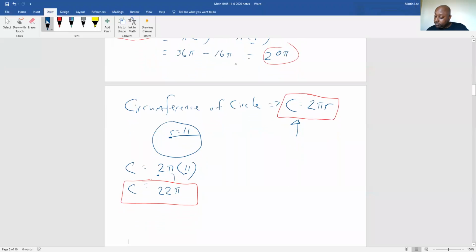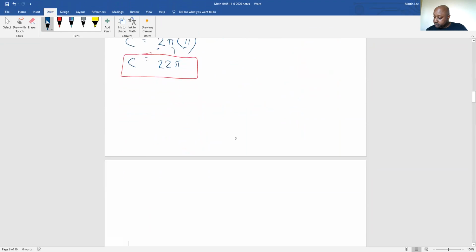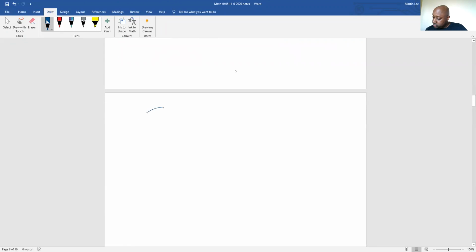Okay, and the next example will be find the circumference if they give you the diameter, in which case you take half of that, and then plug that into the formula for circumference. So I have this circle. Here's my center. Here's my diameter, which is 10. So that means my radius is going to be 5.